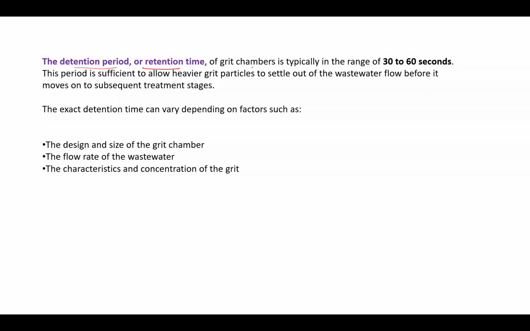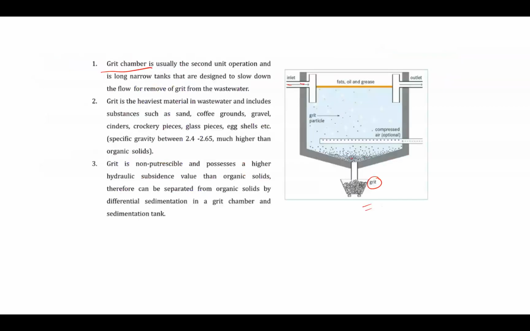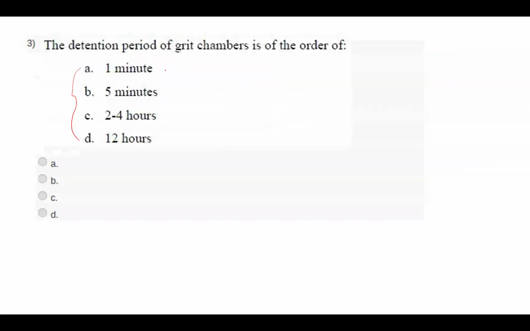Retention time of a grit chamber is typically in the order of 30 to 60 seconds. This period is sufficient to allow heavier grit particles to settle out of the wastewater flow before it moves into the subsequent treatment stages. So this is the most appropriate answer: 30 to 60 seconds is the time order.